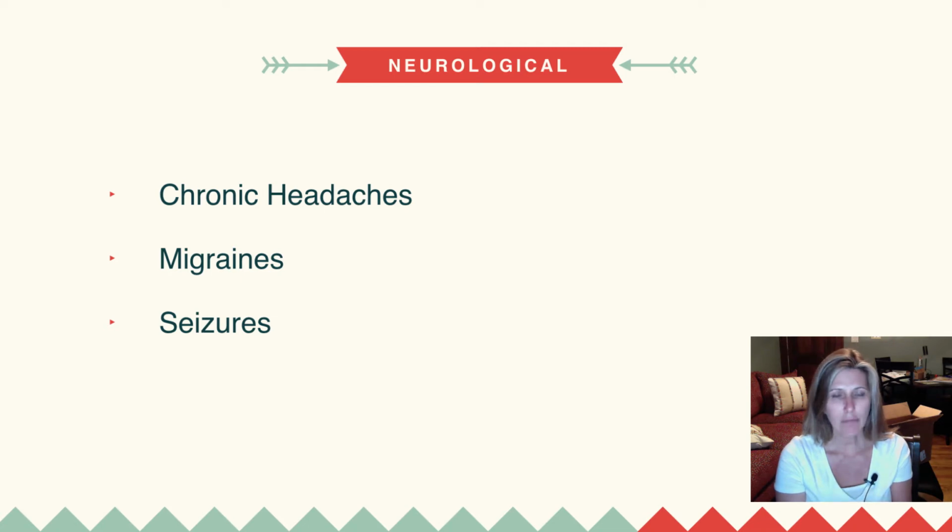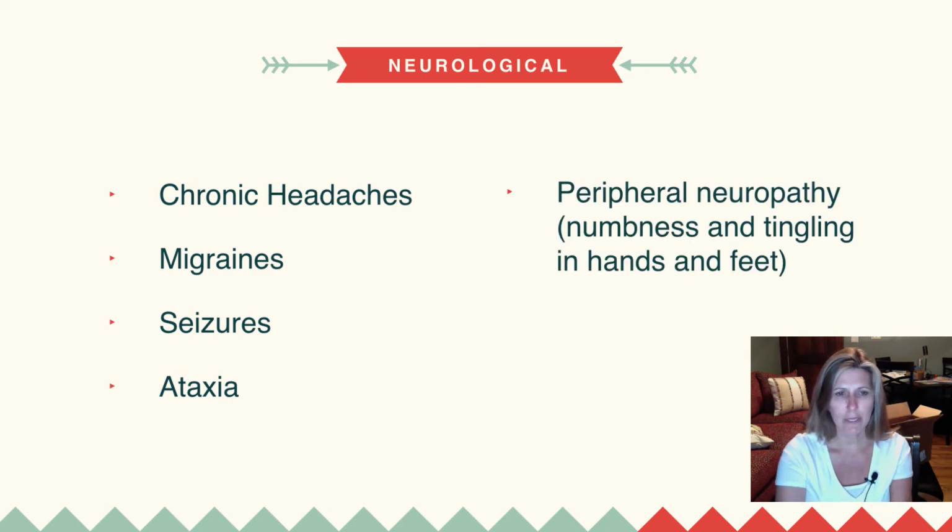Such a tiny little particle can cause that kind of irritation in the brain to cause seizures, and it's crazy that it can do that. Ataxia is a jerky, uncoordinated movement. Peripheral neuropathy is this numbness or tingling in hands and feet that feels like a pins and needles sensation, or like your hands or feet are asleep.